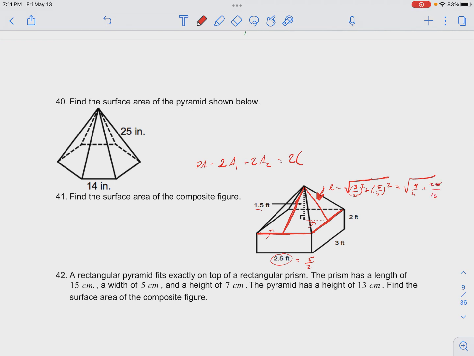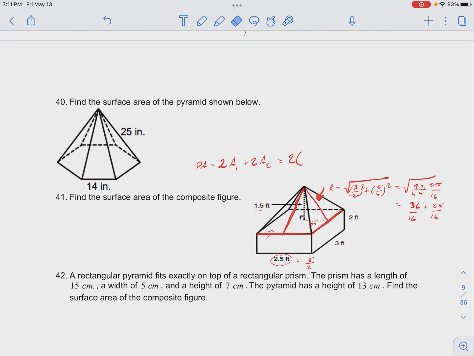Now we can convert 9 over 4 by multiplying by 4 over 4. That'll give us 36 over 16, and then we're adding 25 over 16, so we can combine that to a single fraction. That'll be 61 over 16, all under the square root.